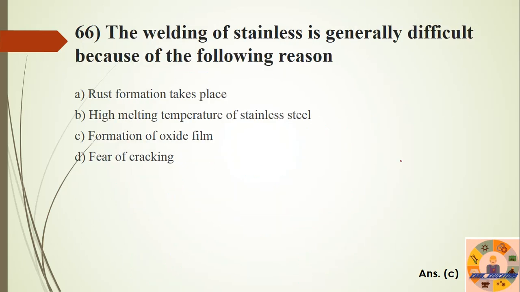Next question is, the welding of stainless steel is generally difficult because of the following reason. Option A, rust formation takes place. Option B, high melting temperature of stainless steel. Option C, formation of oxide film. Or option D, fear of cracking.